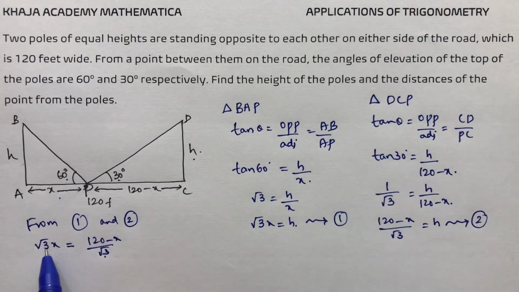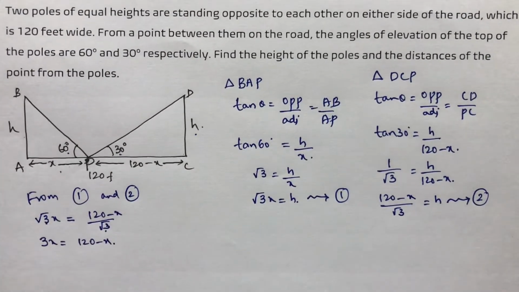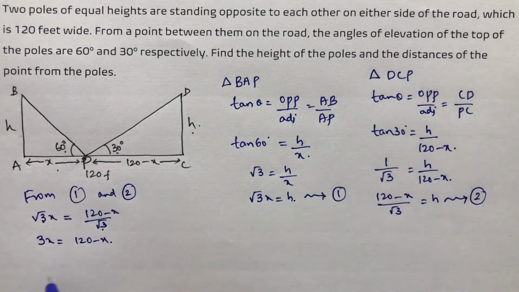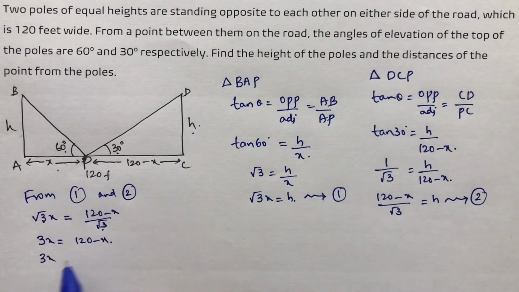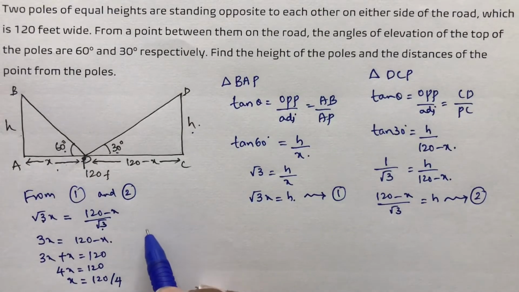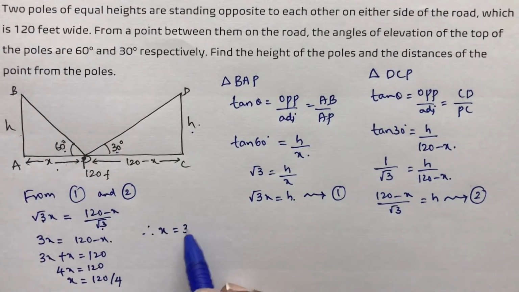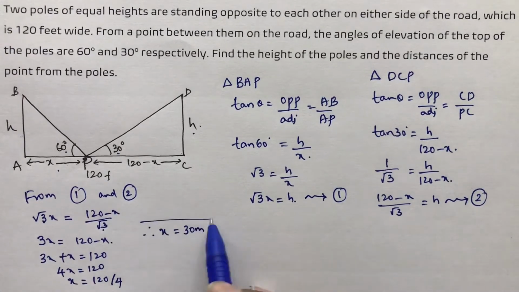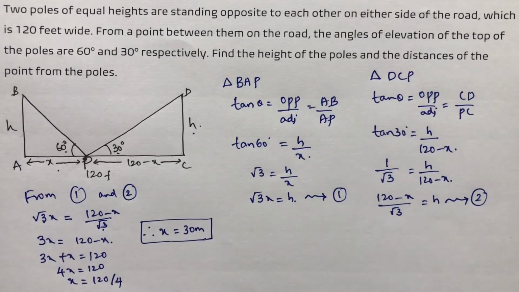Root 3 into root 3 is 3x equals 120 minus X. Now 3x, if I transpose this minus X, it will become plus X, is 120. So 4x is 120. So X equals 120 by 4. Therefore the value of X is 30. The value of X is 30.